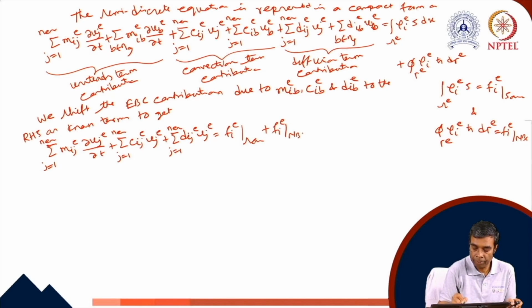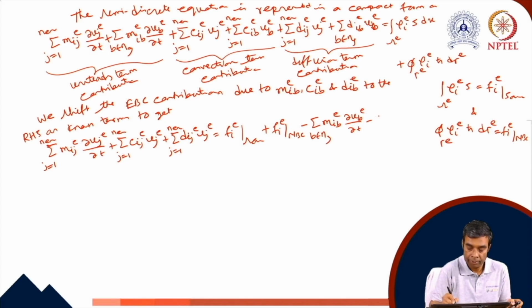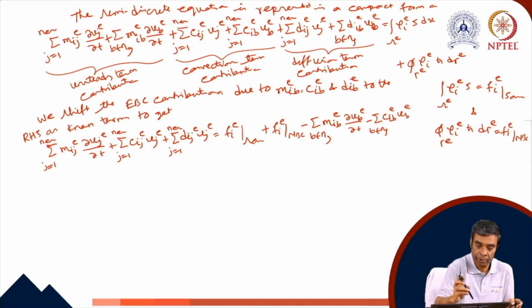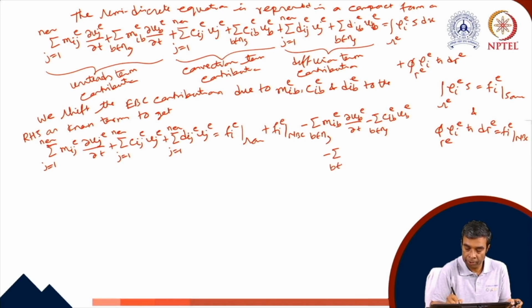fie nbc minus summation over b belonging to eta g mibe del ube del t minus summation over b belonging to eta g cibe ube minus summation over b belonging to eta g dibe ube.